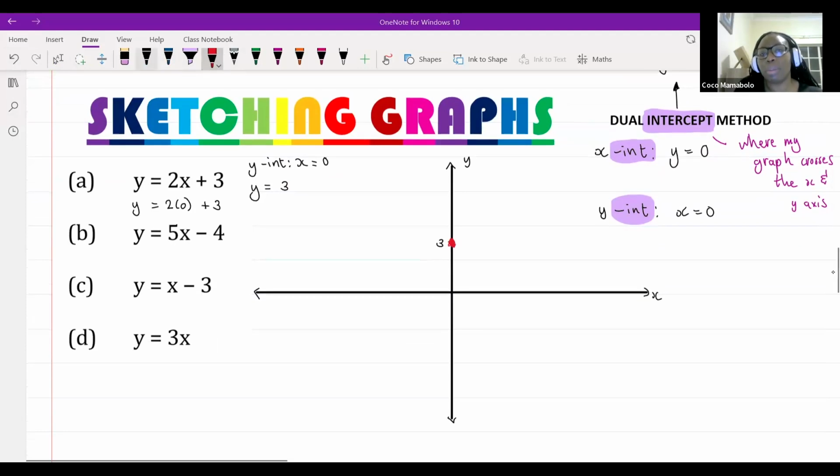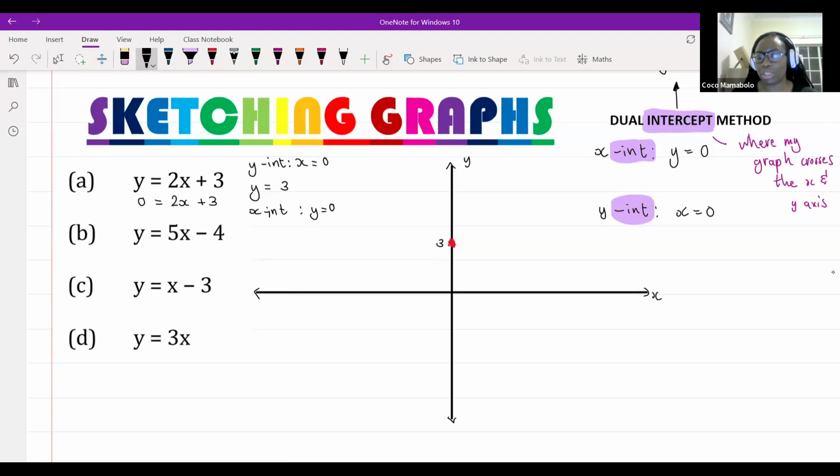Then we're going to do the opposite of that. We want the x-intercept. And if I want the x-intercept, I'm going to make y equal to 0. So I'm going to replace y with 0 over here. That gives me 0 is equal to 2x plus 3. What am I solving for now in that particular graph?